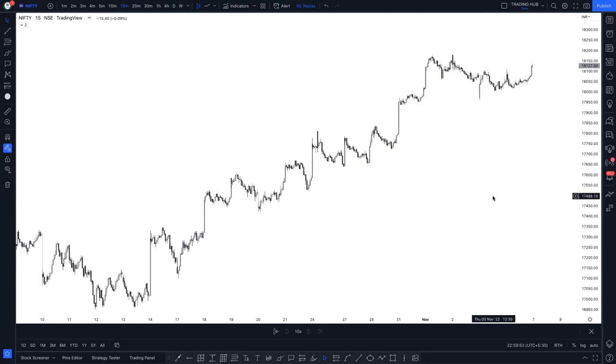But I've seen London can be manipulated, New York can be manipulated. But most of the time, Asian is manipulated. The reason is simple, because the Asian session volume is very low. That's why. London is a follow, sometimes Asian, sometimes reversal.